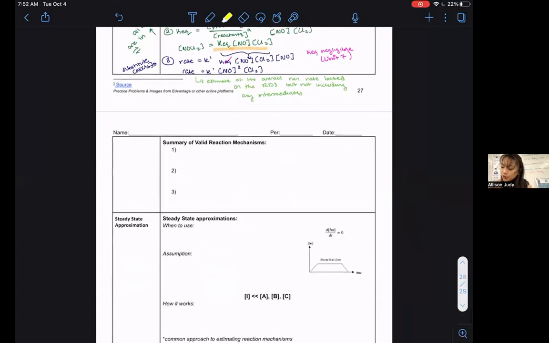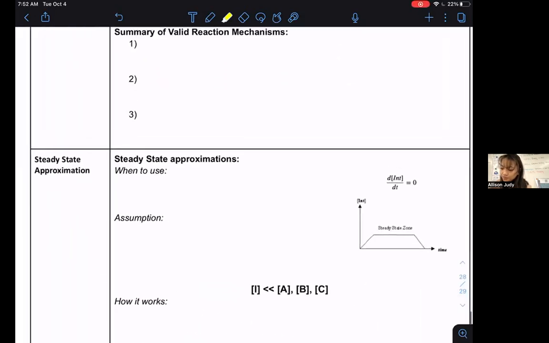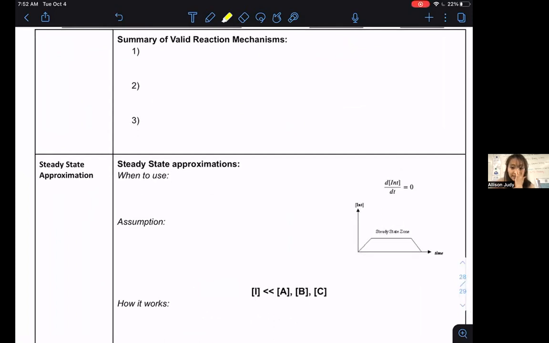So let's do a quick summary of valid reaction mechanisms.